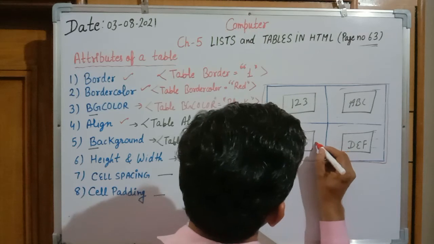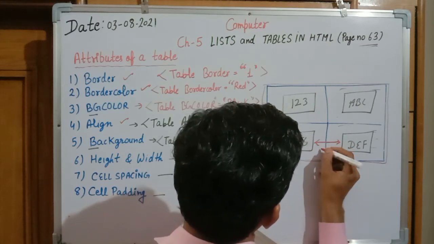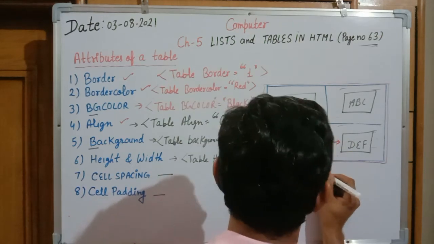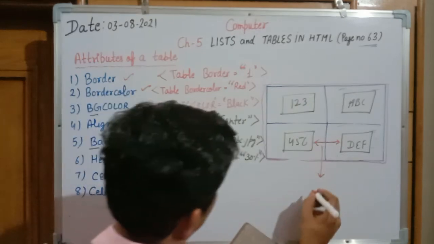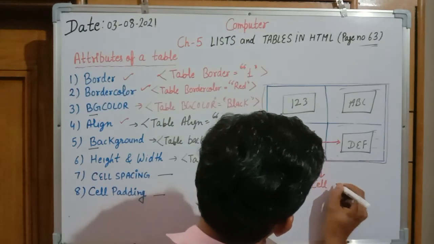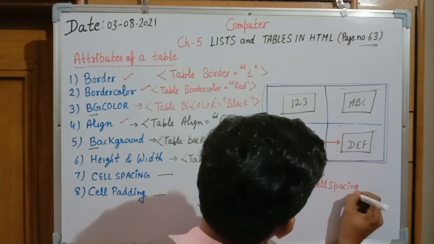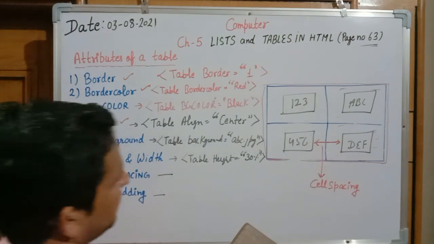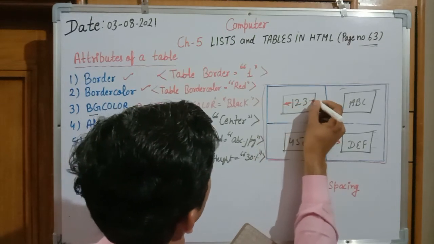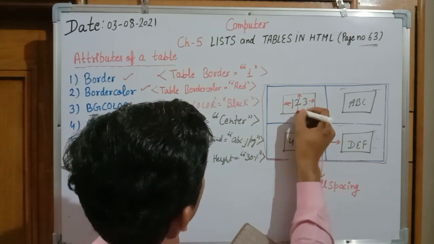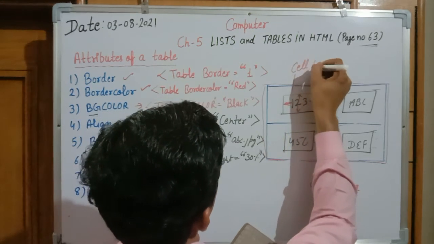The space given between two cells is known as cell spacing. The second concept: the space given inside the cell from the text is known as cell padding.